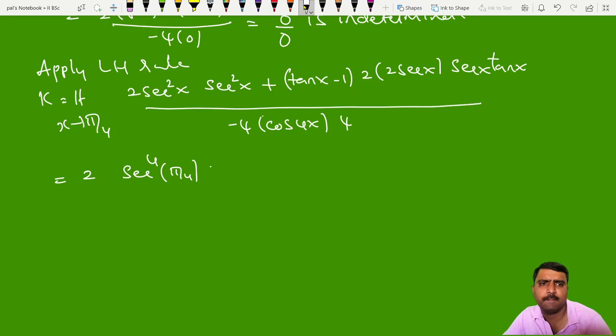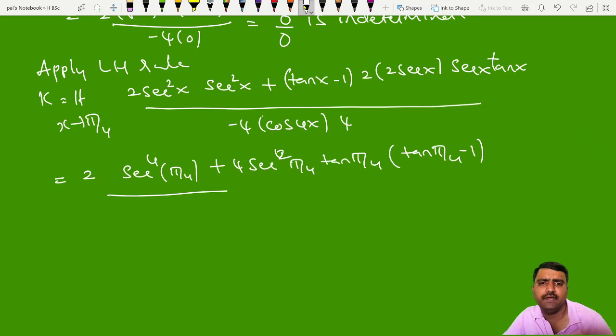plus 2 2s are 4 secant square pi by 4 into tan pi by 4 minus 1.